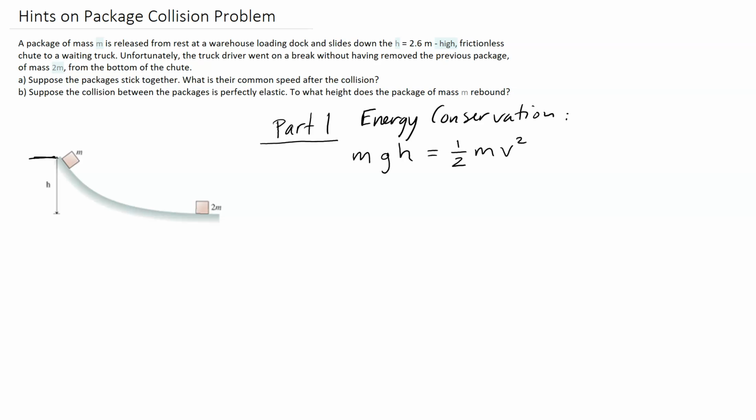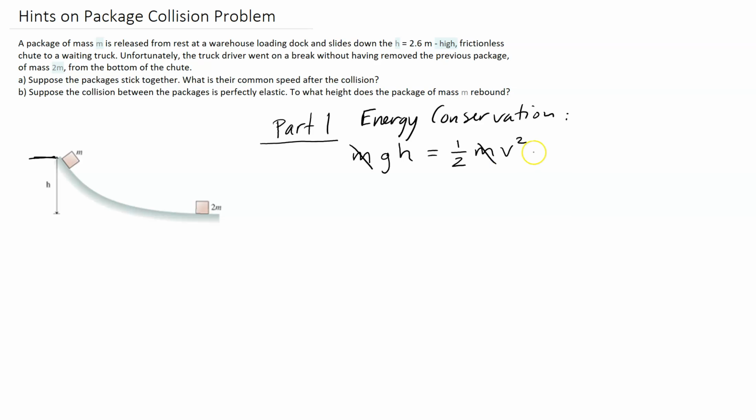I've set up mgh, the energy of just mass m. I'm not involving mass 2m at all yet. So I've set up the energy mgh at the top of the hill. It's all totally converted into kinetic energy. I don't even have to plug in numbers to see that I don't actually need the mass in order to find the velocity.